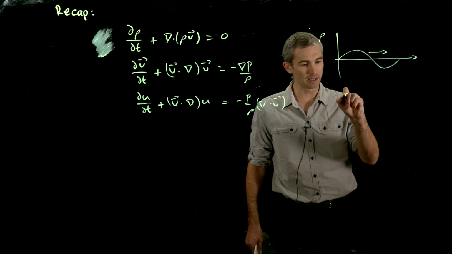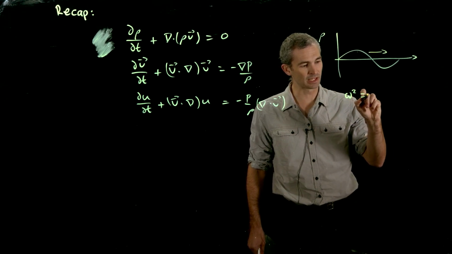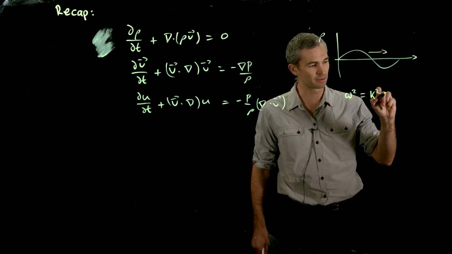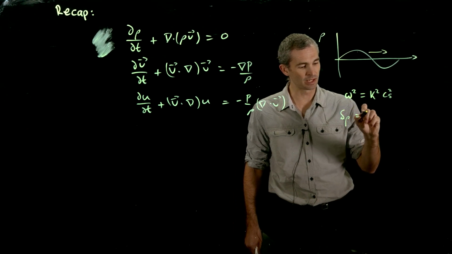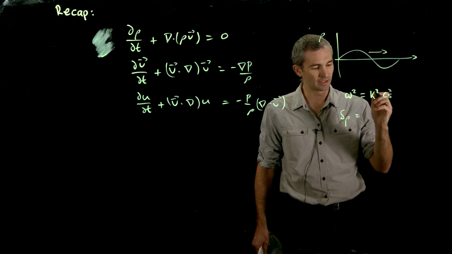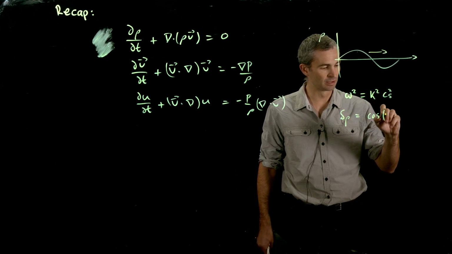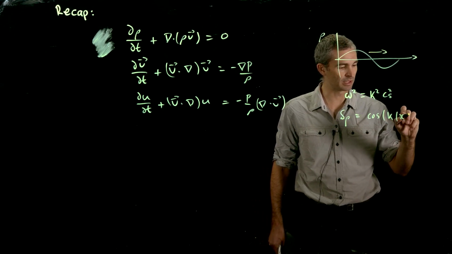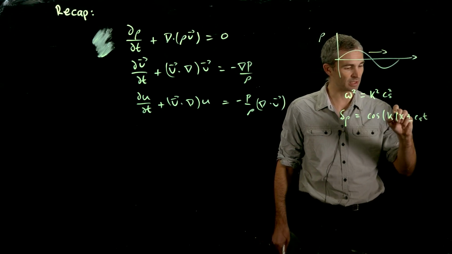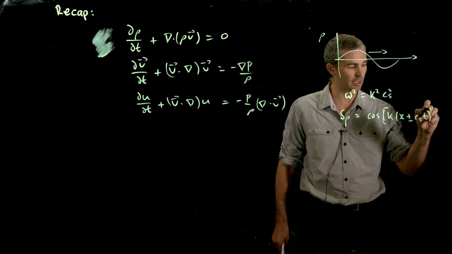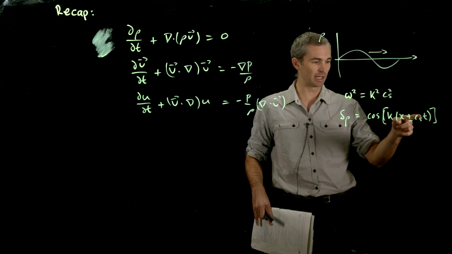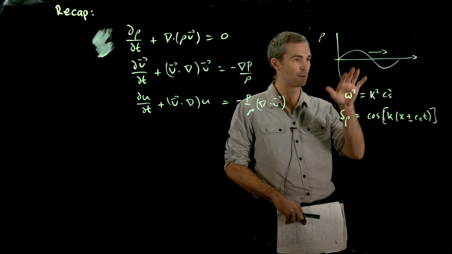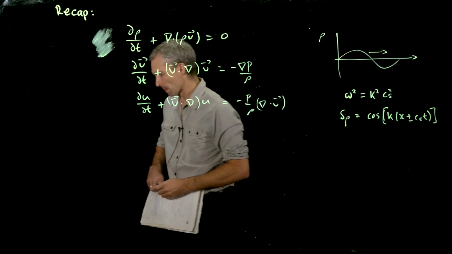We derived a dispersion relation, omega squared equals k squared cs squared, such that delta rho obeys an equation that goes something like cos of k times (x plus or minus sound speed times time). So it's just a translating sine or cosine function propagating in time and space, but just translating with time.